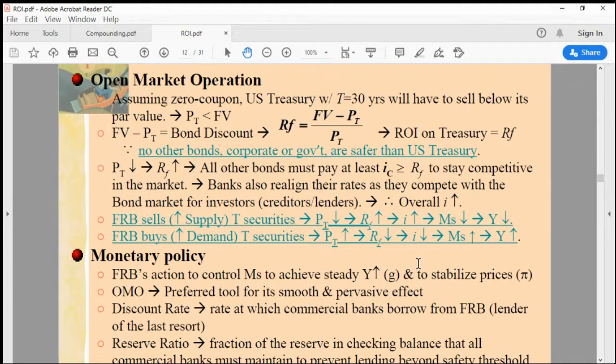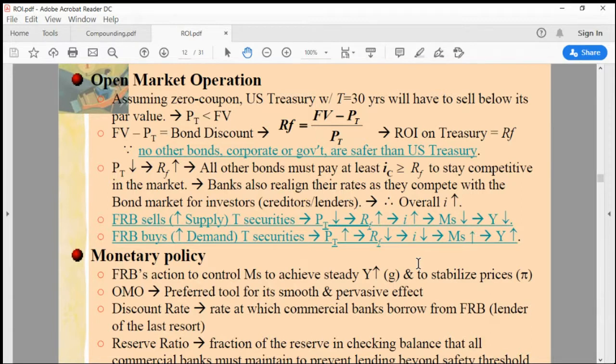So from the borrower's perspective, this is good news. From the lender's perspective, this is bad news. But for the borrower, the burden of the borrowing cost, also called cost of capital, goes down. And as the borrowing cost goes down, they borrow more.